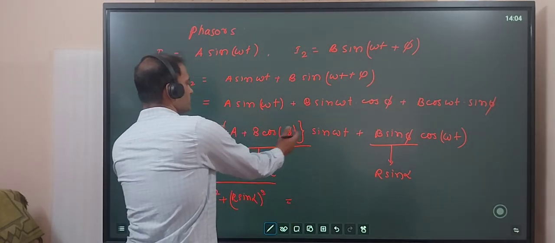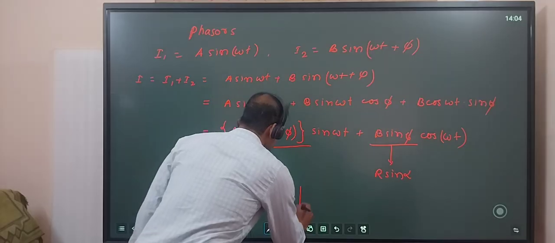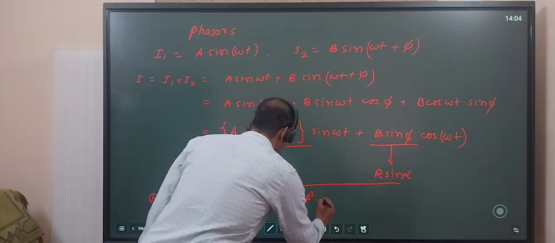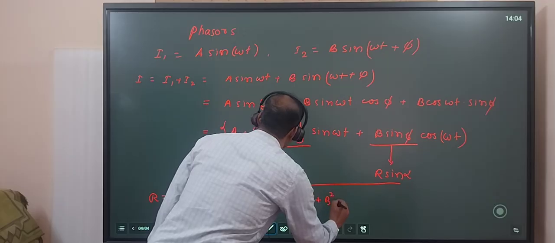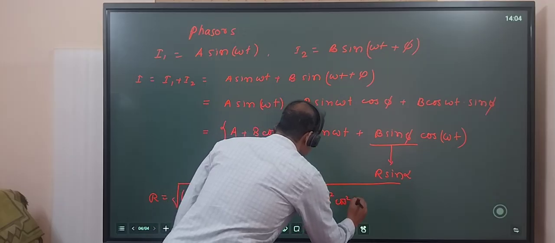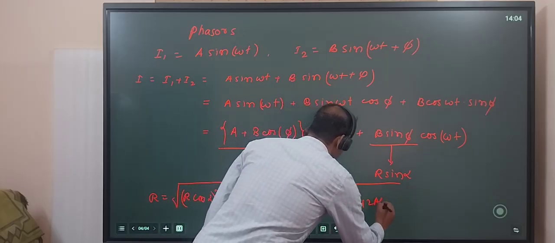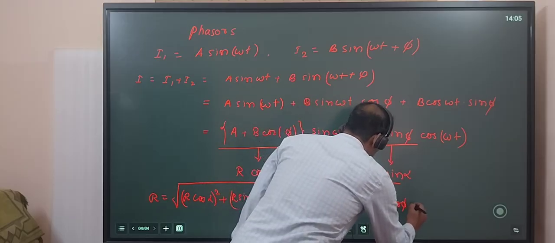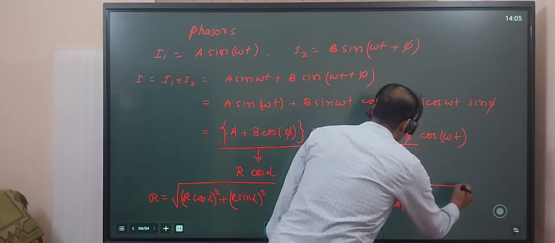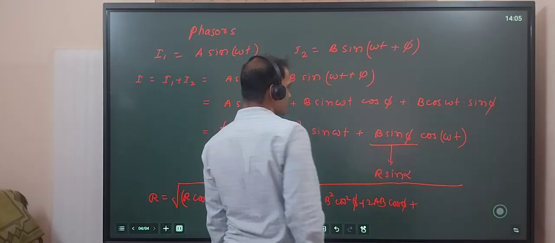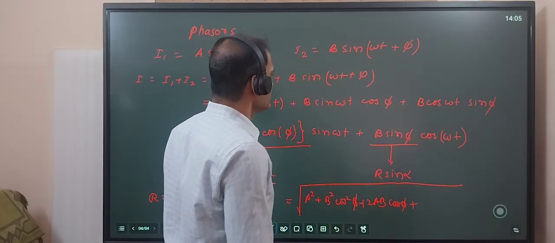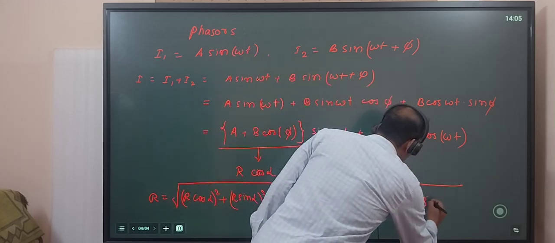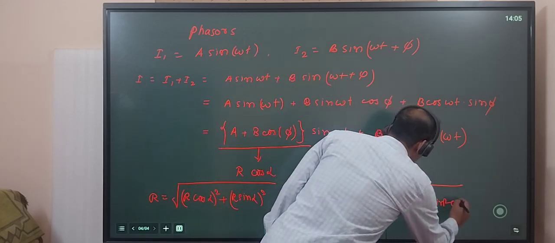When you square this, we have done this calculation: a squared plus b squared cos squared phi plus 2ab cos phi plus b squared sin squared phi.